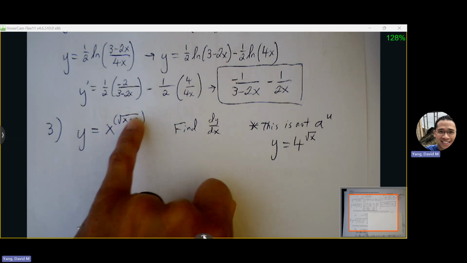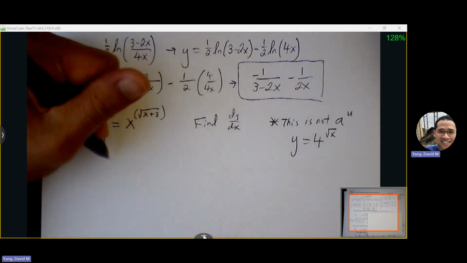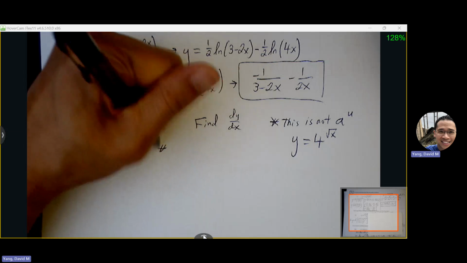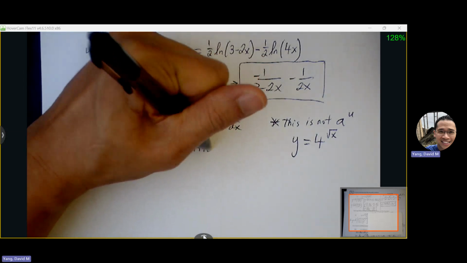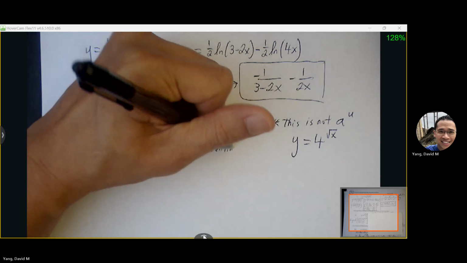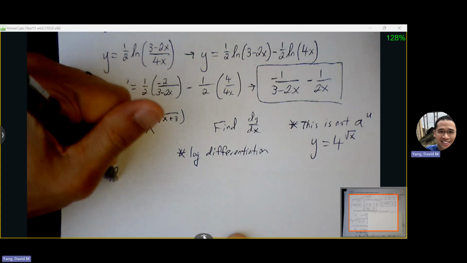So we have to find a way to get this exponent to live elsewhere. And so this is another application of log differentiation. We want to introduce logs into the problem because that exponent is not in a place where we can apply a derivative rule as it stands. So take the natural log of both sides.